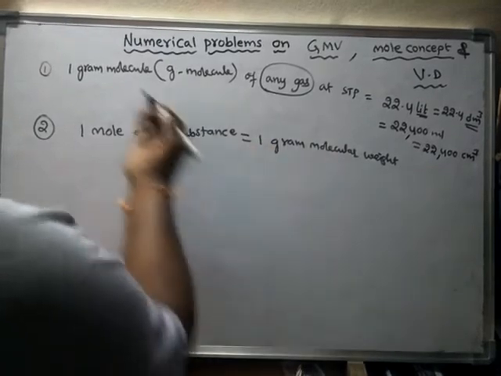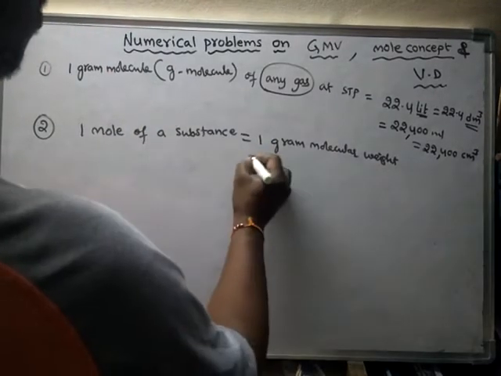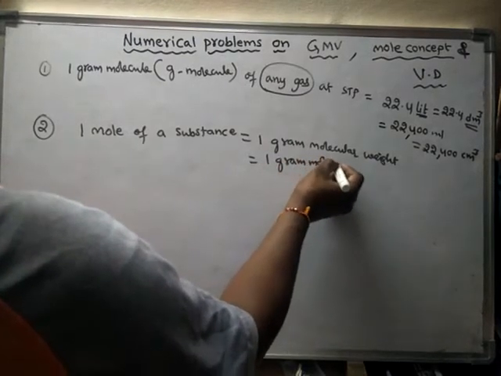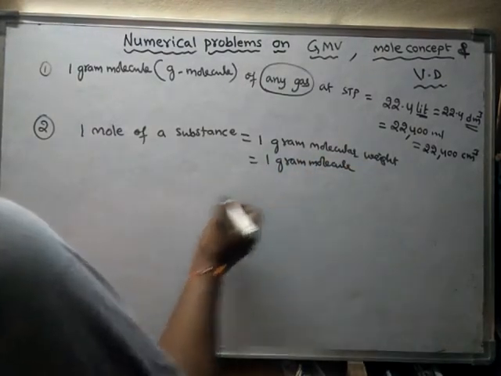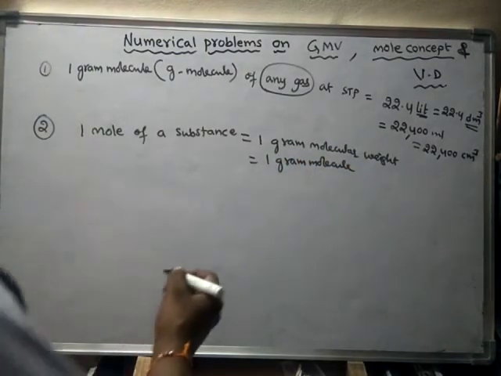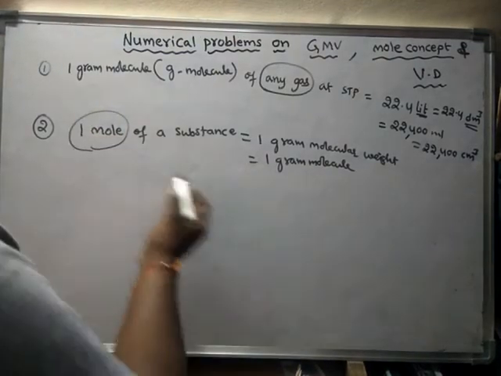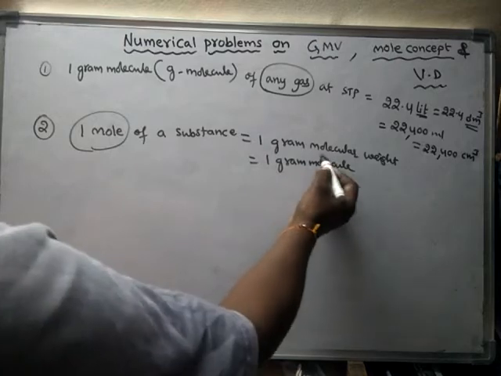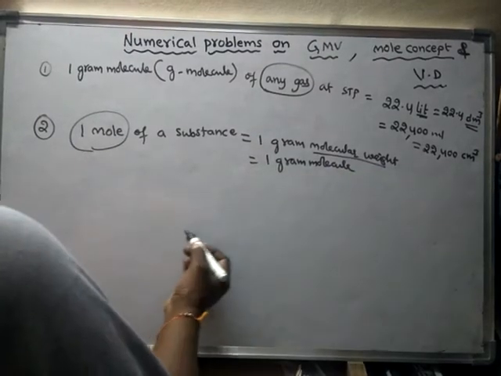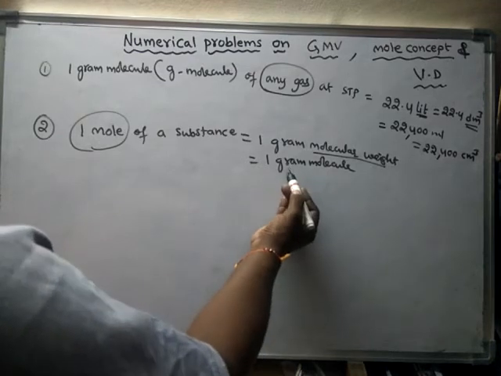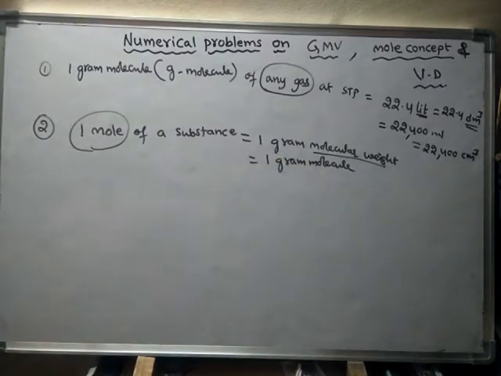One gram molecular weight is nothing but 1 gram molecule. Suppose it is an atom: for molecules we use molecular weight, for atoms we use atomic weight. And here also for atoms we use gram atom.